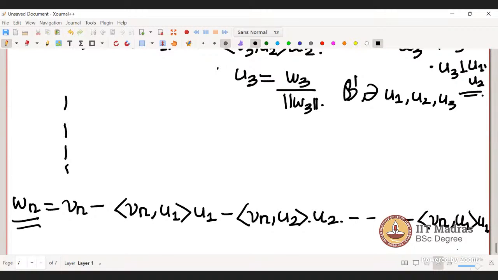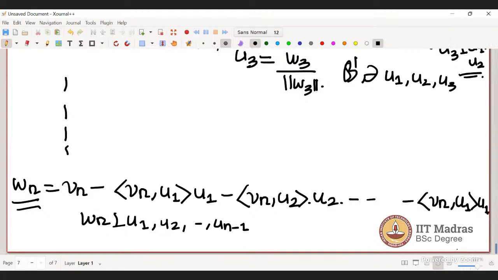Again, you can check that this Wn is, sorry, perpendicular to U1, U2 up to U(n-1). But again, we don't know whether the norm of Wn is 1 or not. So for that, I have to divide Wn by its norm, which I will denote as Un.